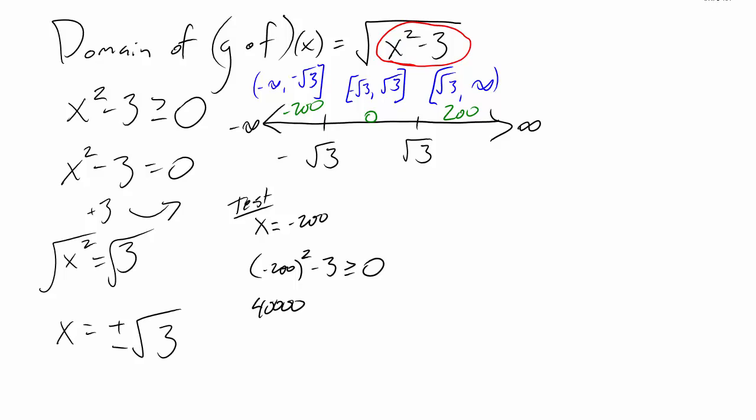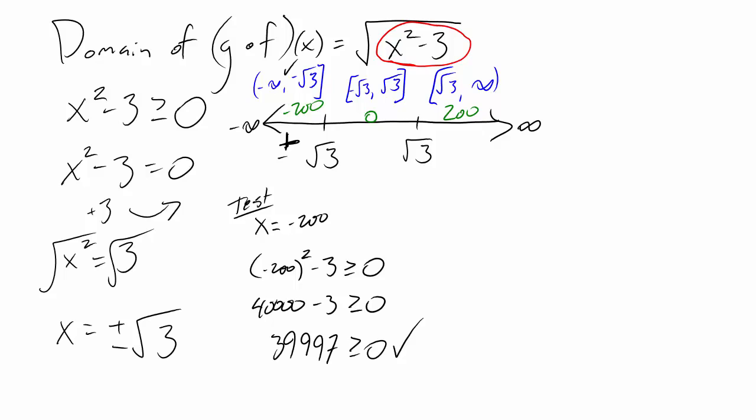And so the fact that we're going to subtract 3 from that 40,000 isn't going to change the fact that, yes, this is going to be greater than or equal to 0. So this will be 39,997, but that is greater than or equal to 0, so we are good to go. This guy is a positive, so this interval is good for us.